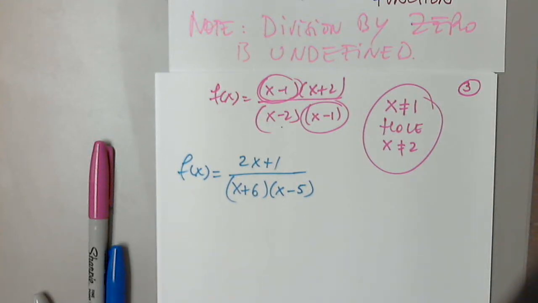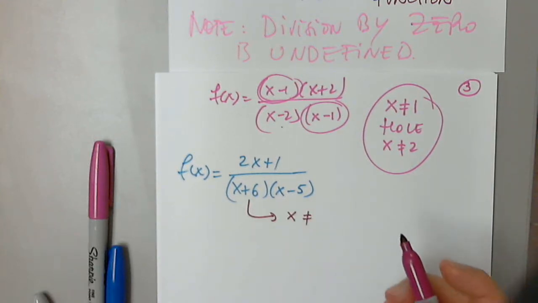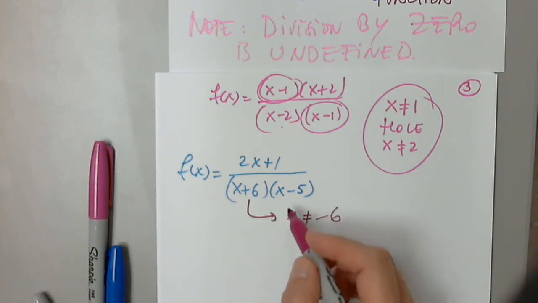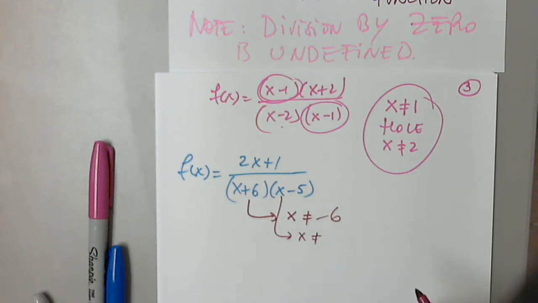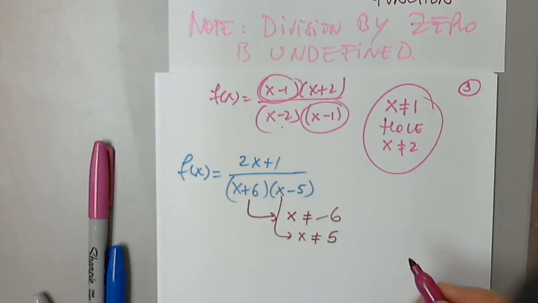And what are they? The restriction from here is that x could never be -6. Excellent. And the restriction from here is that x could never be 5. Exactly. Do we understand this? Don't be shy. Please raise your hand if it's not clear. Is this okay? Are you with me?